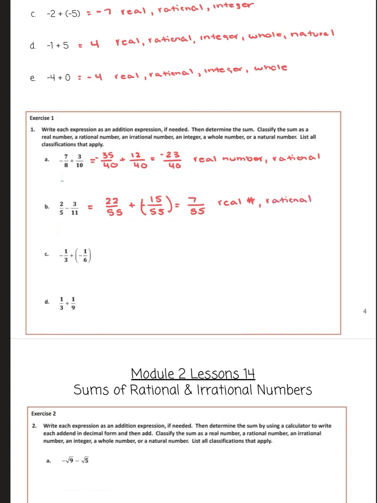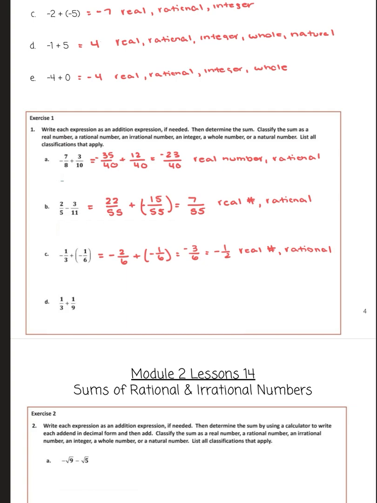All right. Now let's look at C. We have negative 1/3 plus a negative 1/6. They both have 6 in common. So my negative 1/3 now becomes negative 2 over 6 plus negative 1/6, which gives me negative 3 over 6, which reduces to negative 1/2, which is also real and rational.